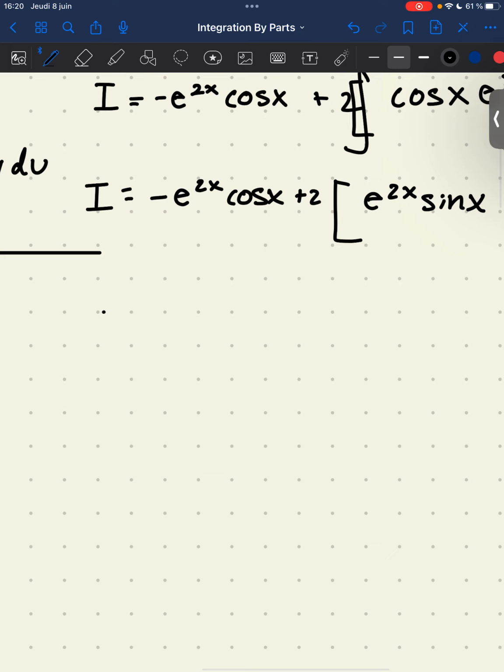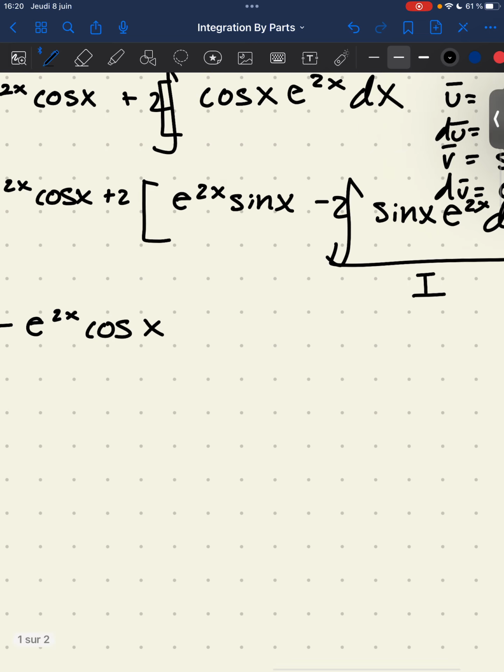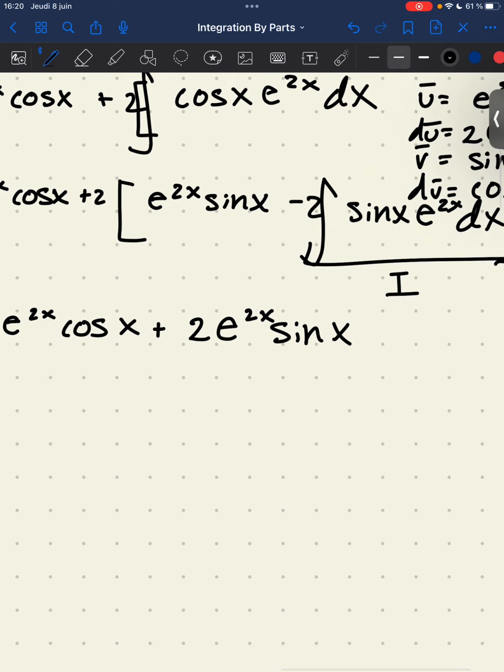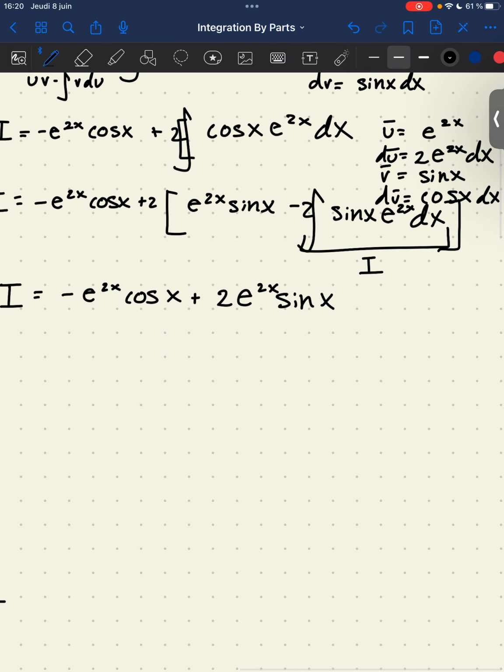So we rewrite this to make it a little bit simpler. So I is equal to negative e to the 2x cosine of x plus 2 e to 2x sine of x minus 4i.